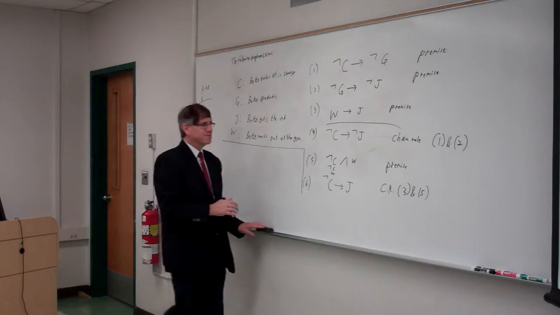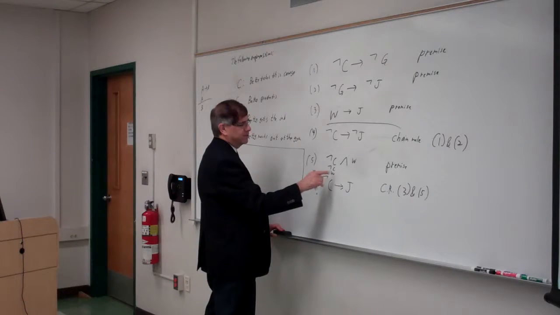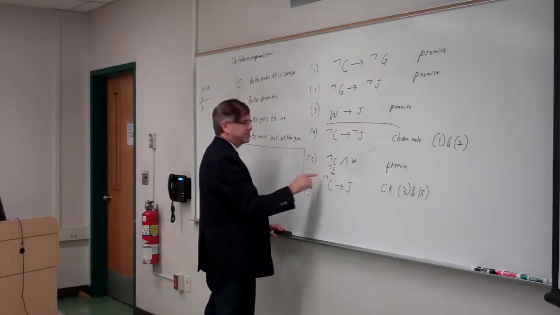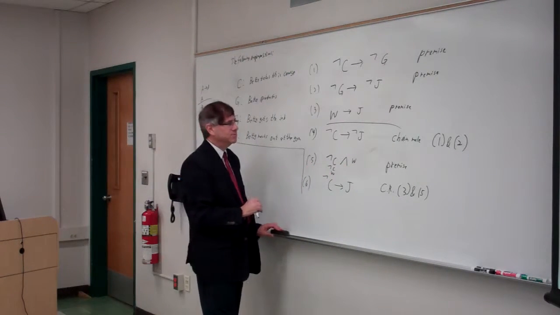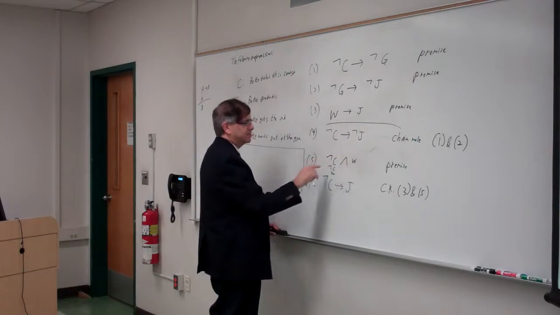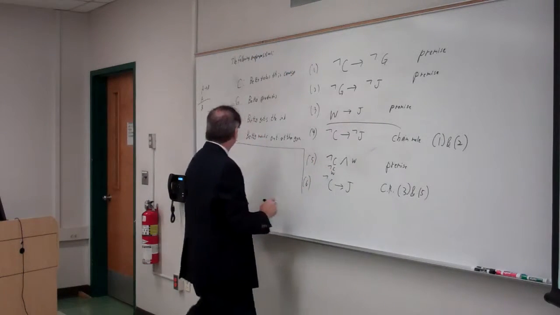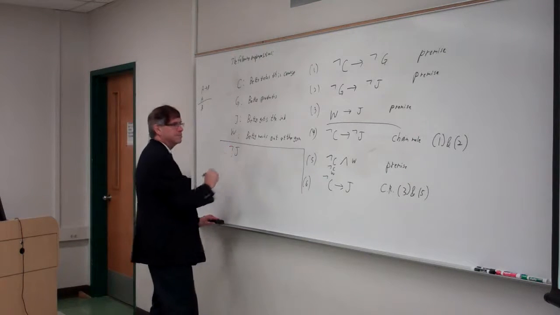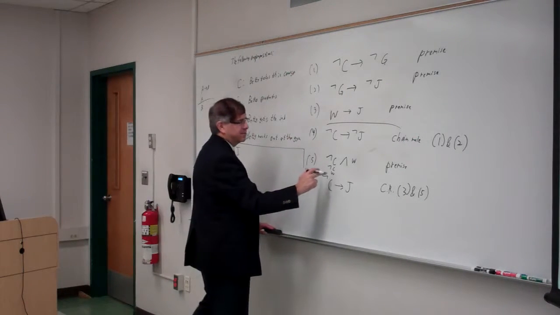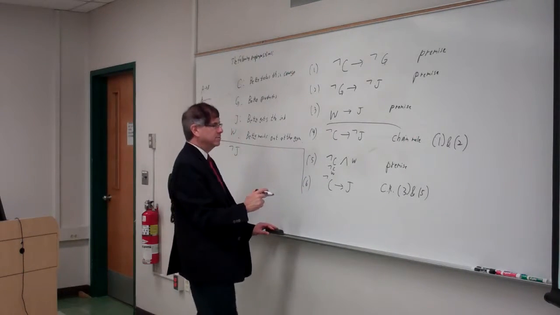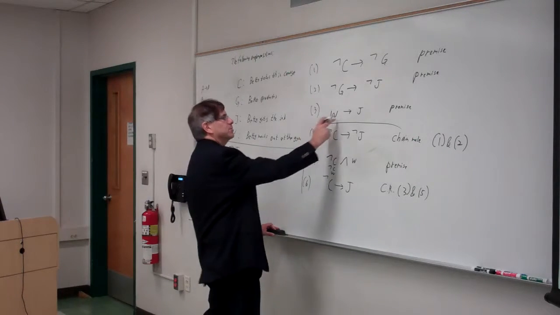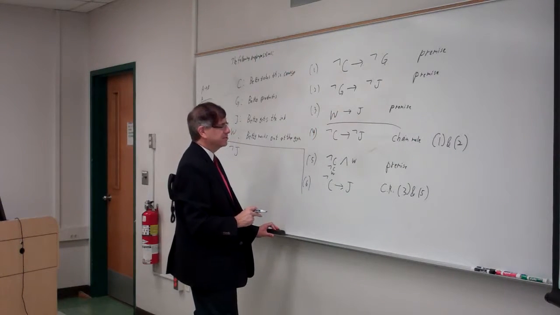But if you wanted to be perfectly complete, since not C and W is true, not C is true and W is also true. And since not C implies not J and not C is true, then we can conclude not J. And since W is true and W implies J, then J is true.